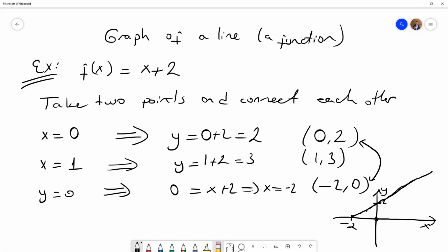And the other point, I mean abscissa 1 and ordinate 3 is here, 1 and 3, this one. This is the line which we want to find, that is f(x) is equal to x plus 2.